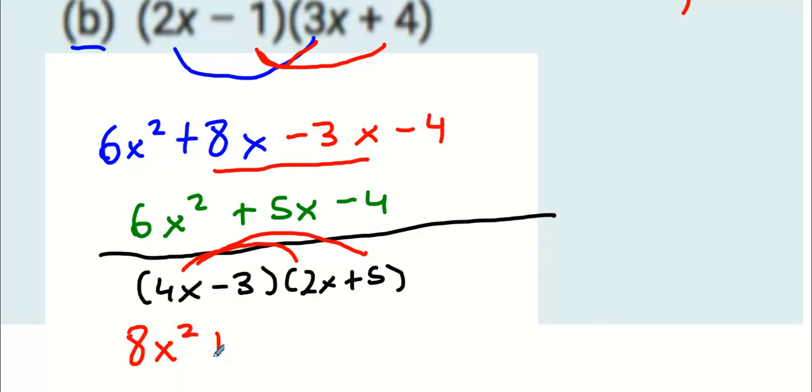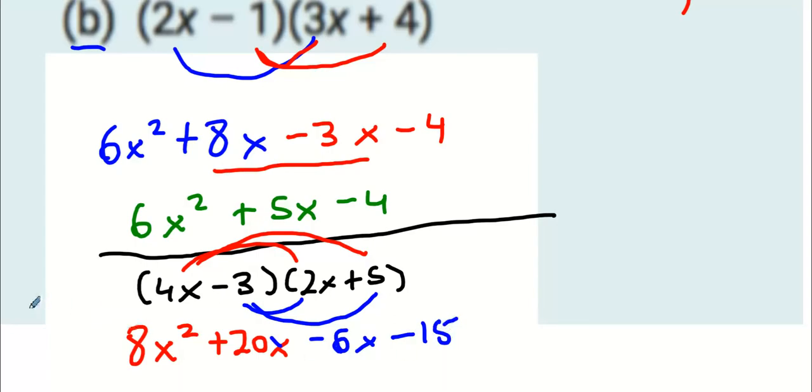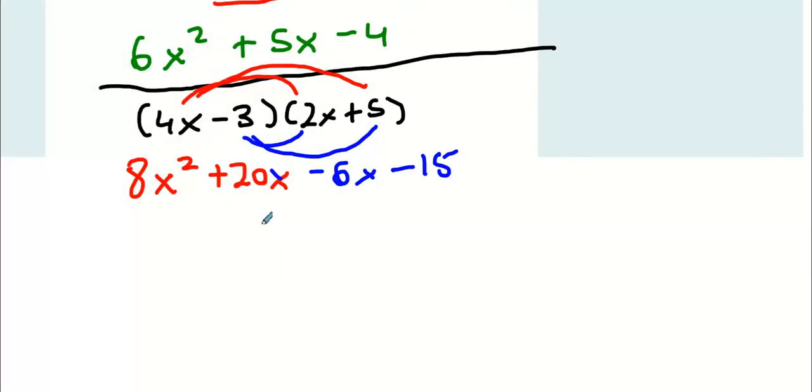Did anybody else get 20x? And then the two blue lines are minus 3 multiplied by 2, and minus 3 multiplied by plus 5. Minus 15. Now, the only issue really here is what two numbers go together? Yeah, and what you get?